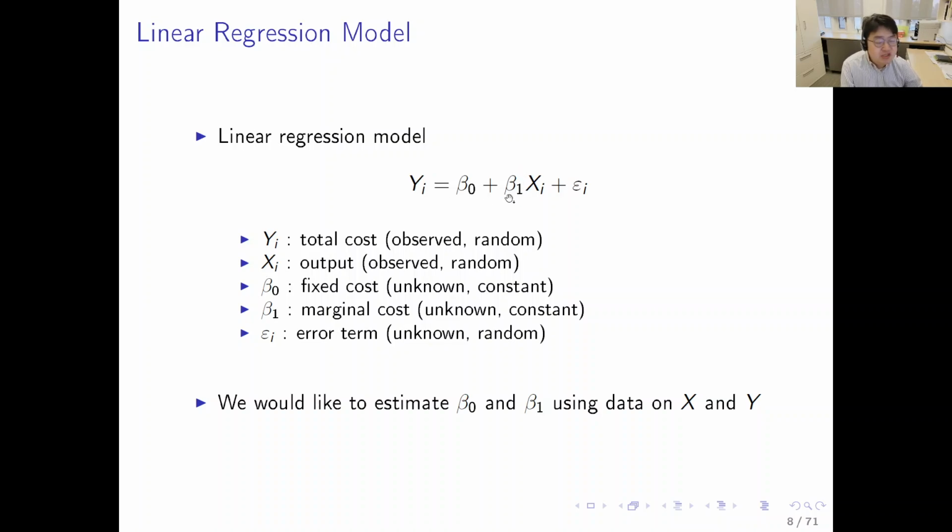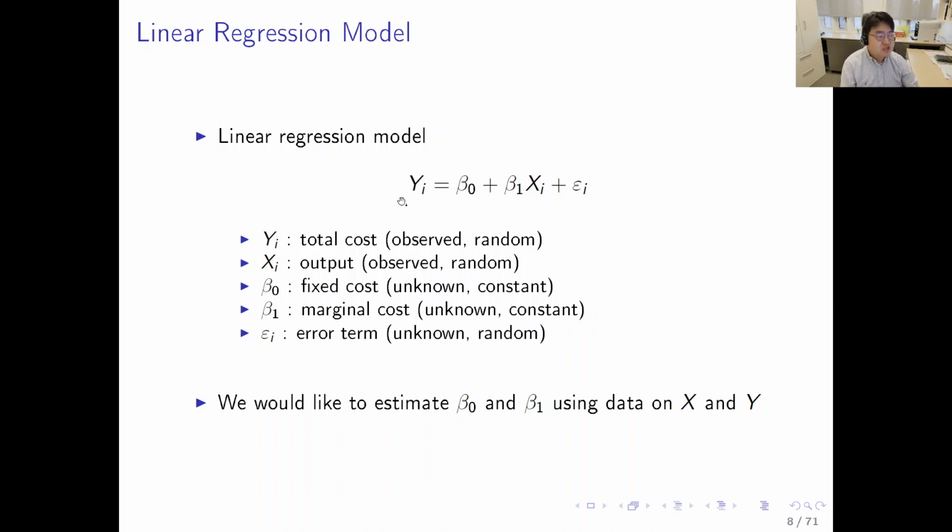But beta 1 is the marginal cost because when you increase x, the production, by 1 unit, your cost increases by beta 1. Exactly, that's what the marginal cost means.